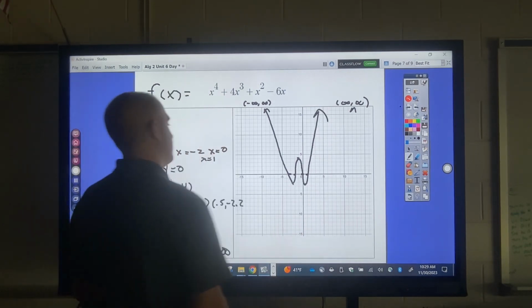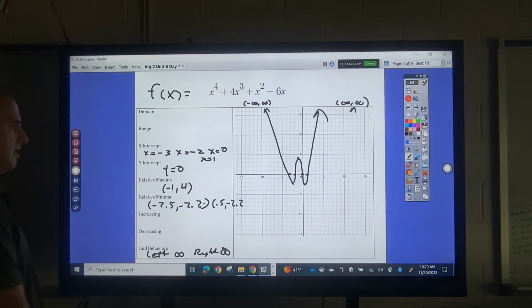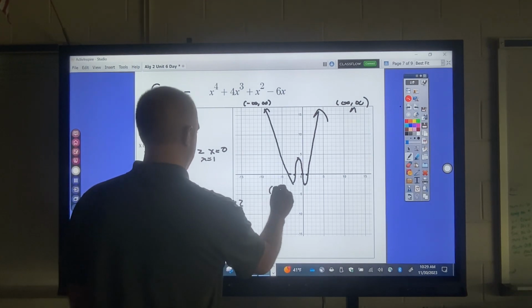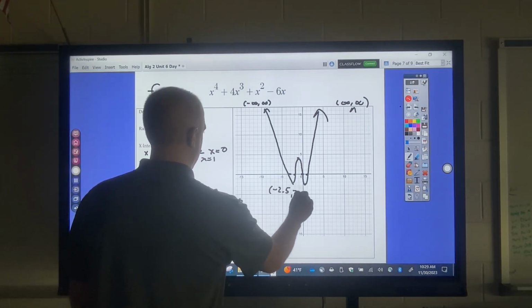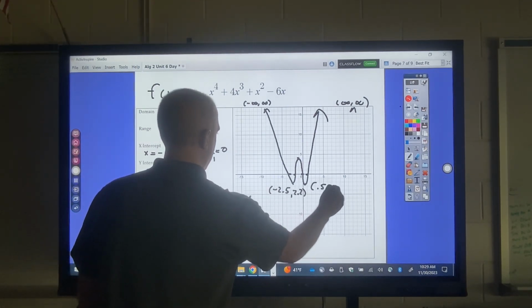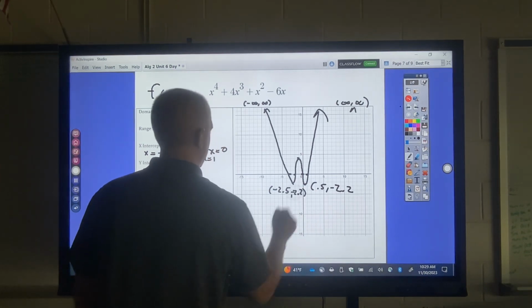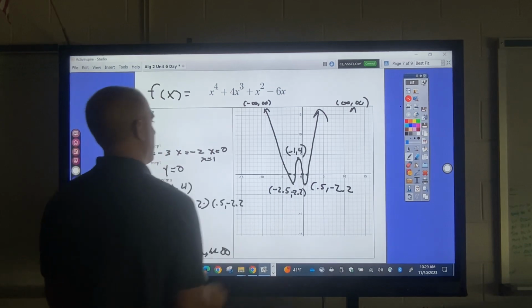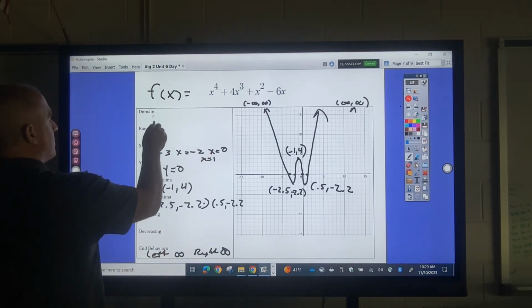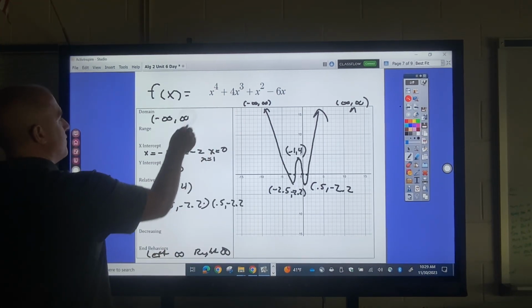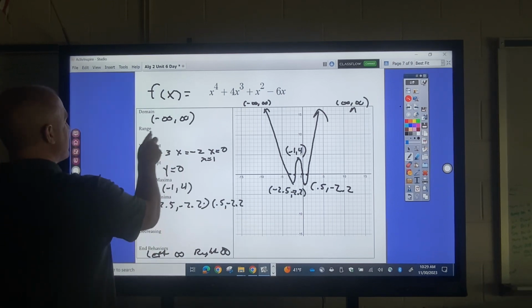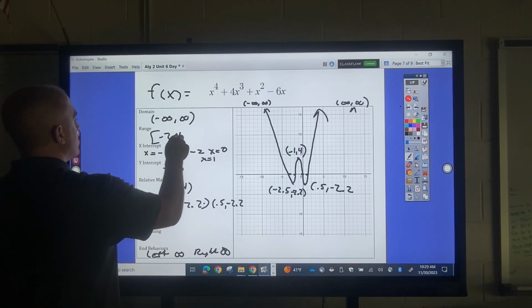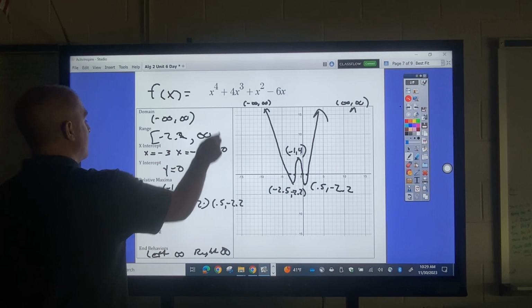Something of that nature. Okay? Now I want to label these. Okay? So smallest x to biggest x, negative infinity to infinity. Smallest y is negative 2.2 to infinity.